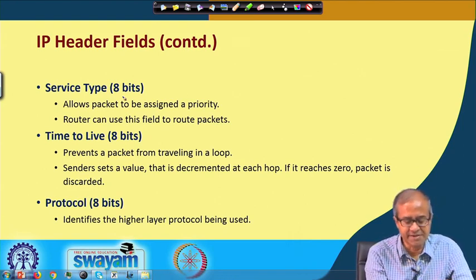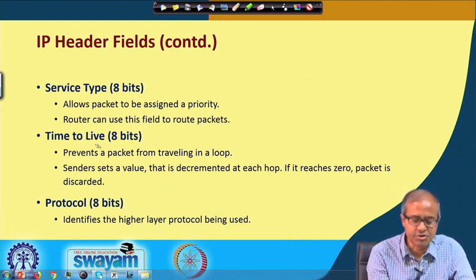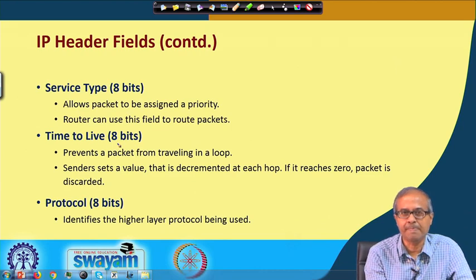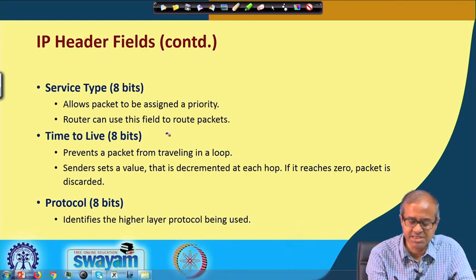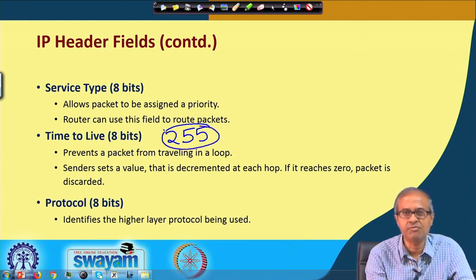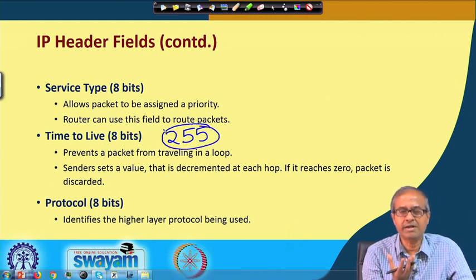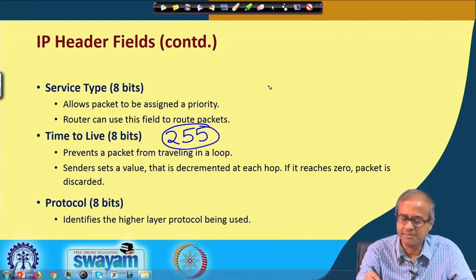Now, there is another very interesting field, this is called time to live. This is an 8-bit field. An 8-bit field means you can have a maximum value of 2 to the power 8 minus 1, which is 255. This can be the maximum value. What does this field contain? You think of a network.